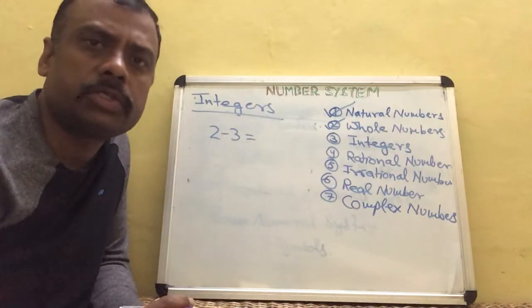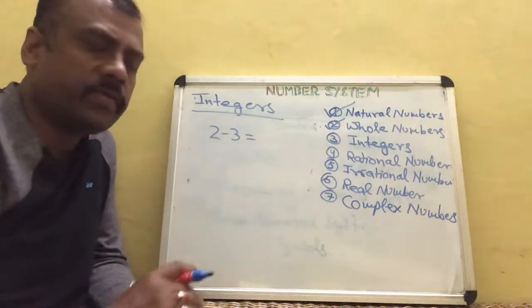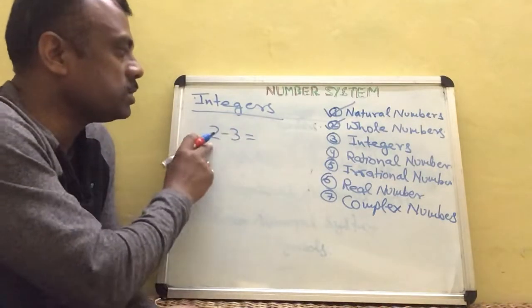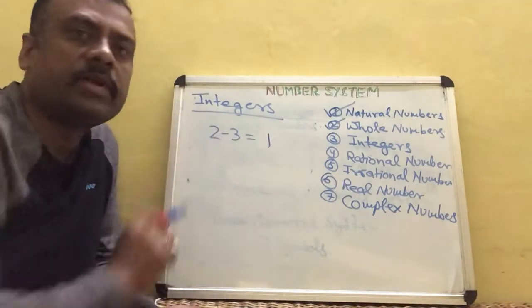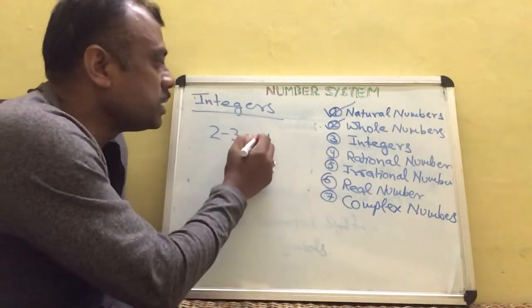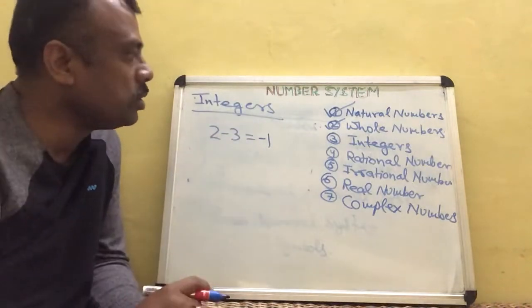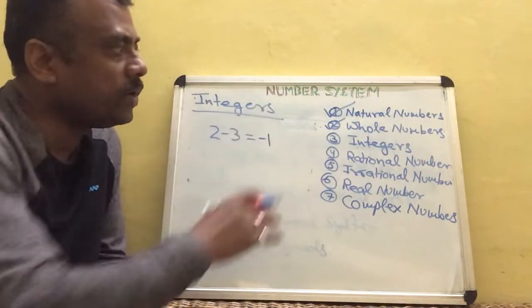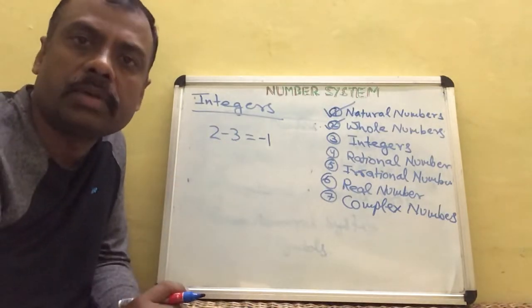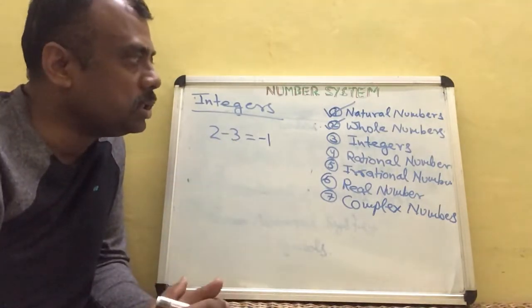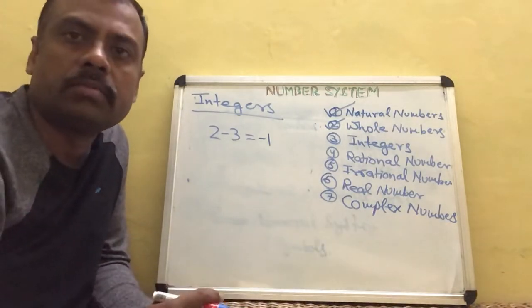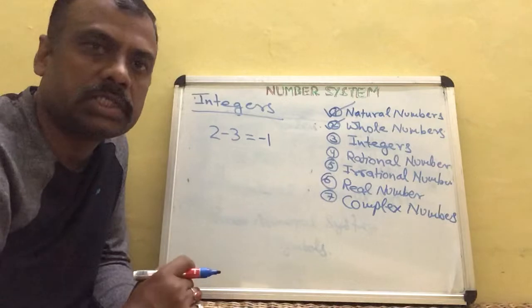But mathematically, we subtract the smaller number from the greater number, 3 minus 2 is 1, and we give the sign of the greater number, that is minus 1. Till now, no family has these types of numbers, the negative numbers. So to include these numbers with the whole numbers, we have another number system, called integers.